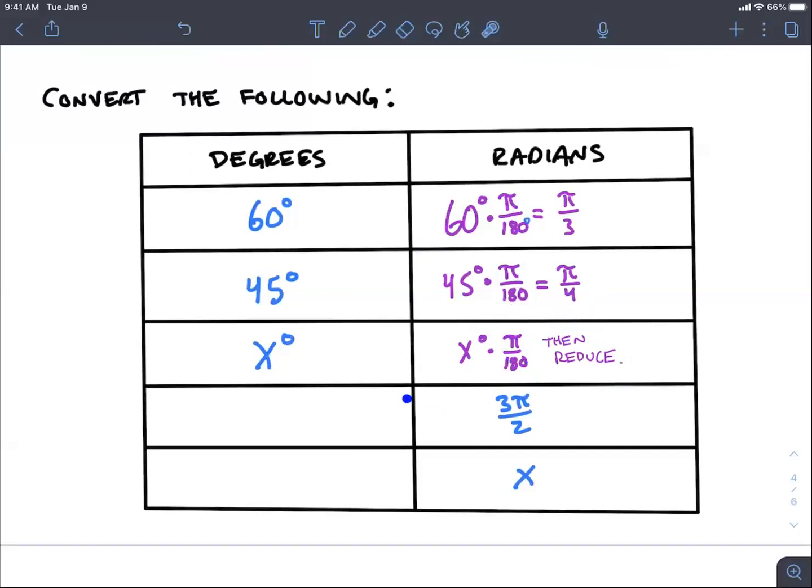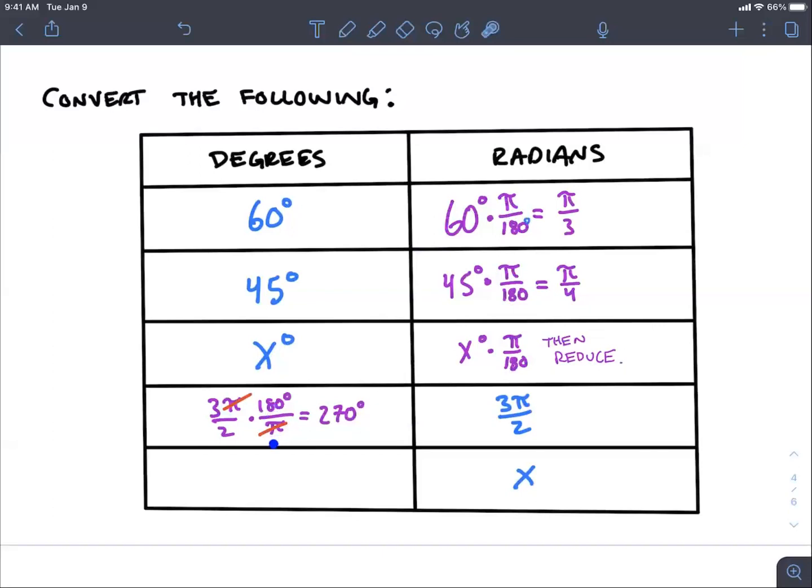Okay, going backwards. So going backwards, I need to flip this fraction because I want to cancel out radians and leave myself with degrees. So if I do that, I've got my 3 pi over 2, which is here, and I'm going to multiply by 180 divided by pi. That's just the reciprocal of this fraction. The pi's cancel out.